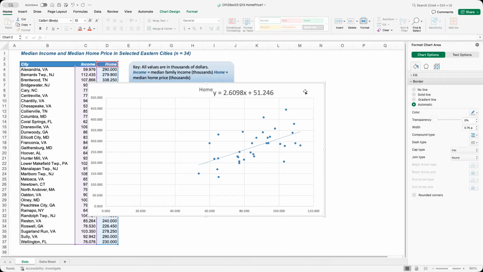Having the equation doesn't tell me how well this regression fits, but it tells me the relationship between the affected variables.